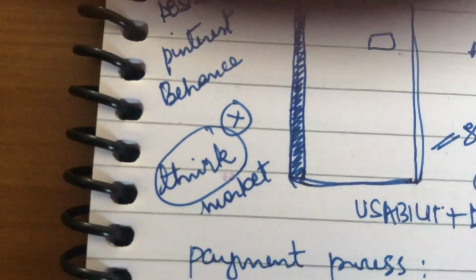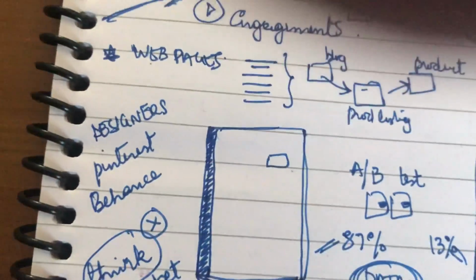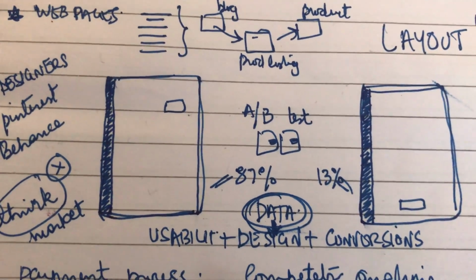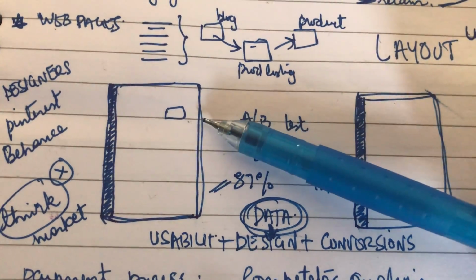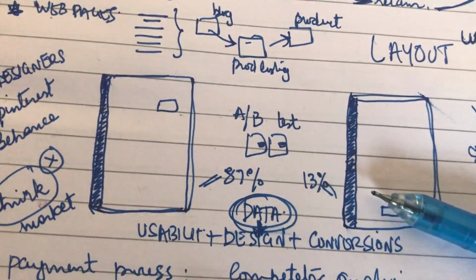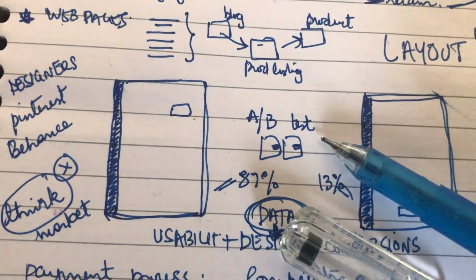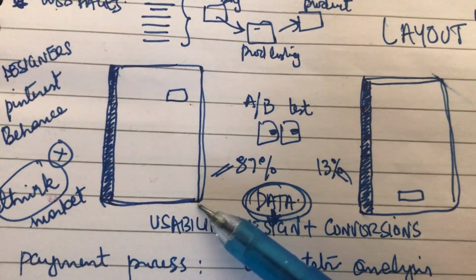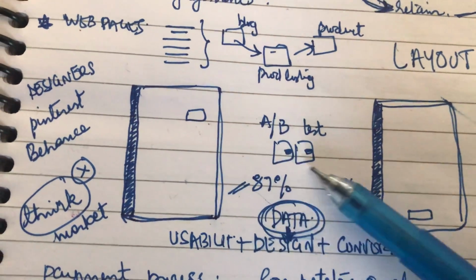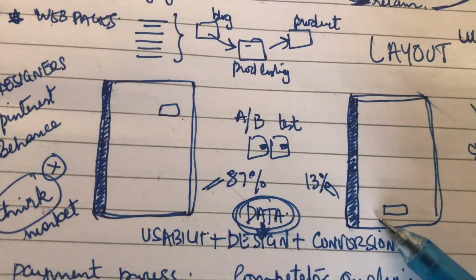You have to analyze the market. How would you analyze the market? Suppose on your web page you want to test whether a button kept above or a button kept below would work better. Just show those two pages to the audience and do A/B testing, and suppose you get data that 87 percent of visitors clicked on this button and 13 percent clicked on it when it was down.